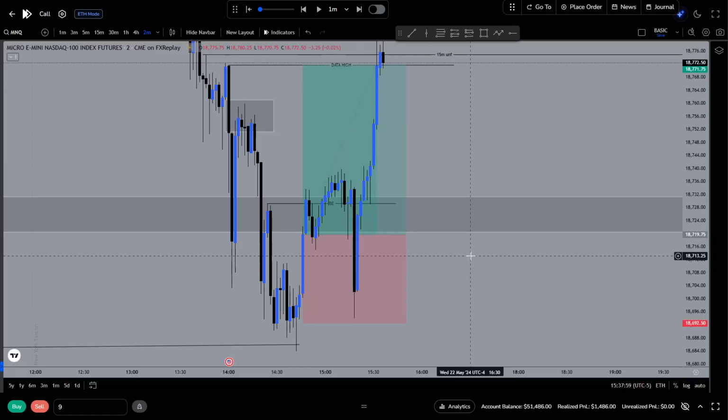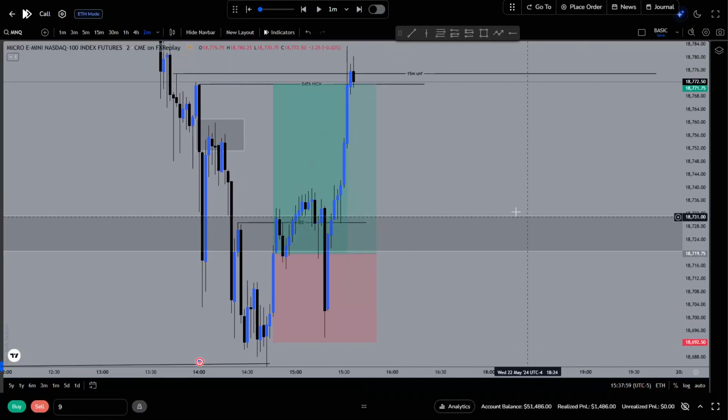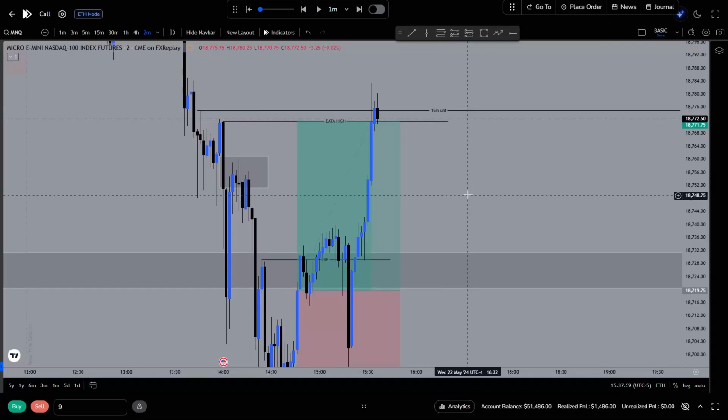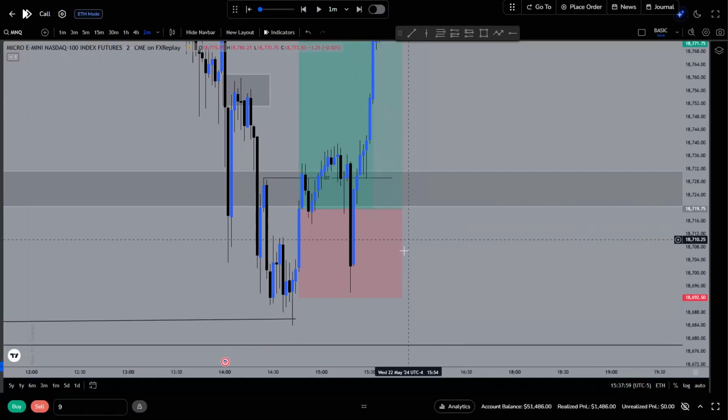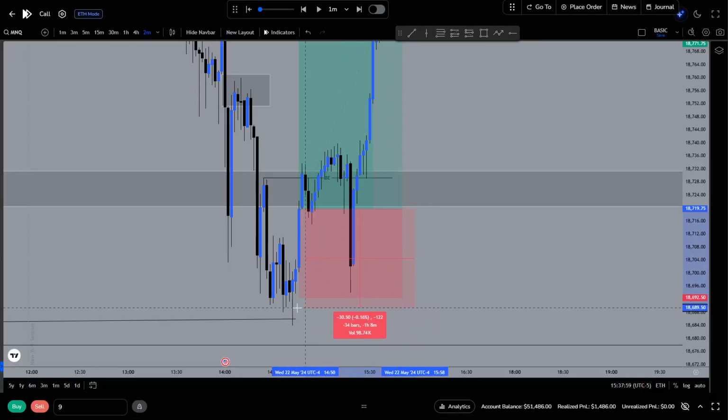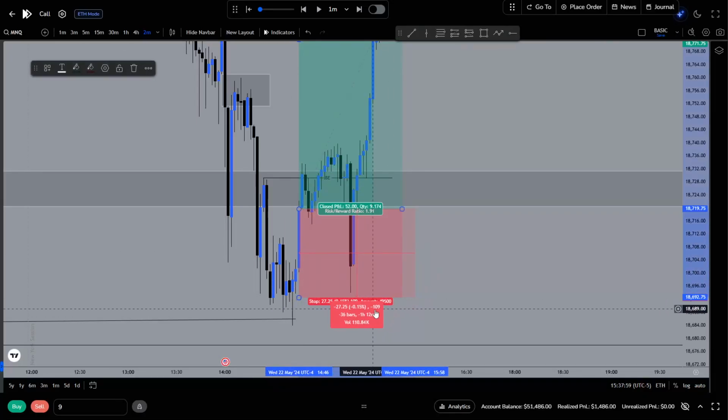So even if price chopped a little, since we're 30 points away, it's okay to put it at the body. But if I'm 10, 15 points away from my stop loss, I'm going to want to put it at the wick, so that I give price more room to breathe. Because with a 10, 15 point stop, there's a high chance of price just chopping around and getting us out of that trade. So mostly it depends on how far we are from the stop loss.